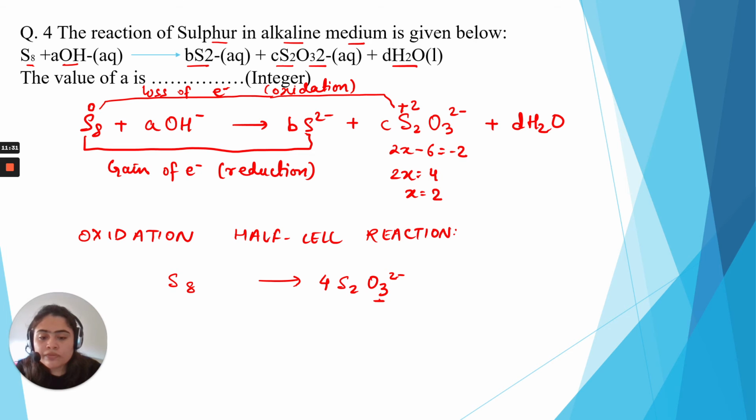Here we are having 12 oxygen atoms, so the same number of OH minus ions we will add on the left hand side to balance the oxygen atoms. Now how many hydrogen atoms are there on this side? 12. Whatever number of hydrogen atoms is there on the left hand side, the same number of water molecules we will add on the right hand side, and an equal number of OH minus ions we will add on the left hand side. This rule you need to remember.